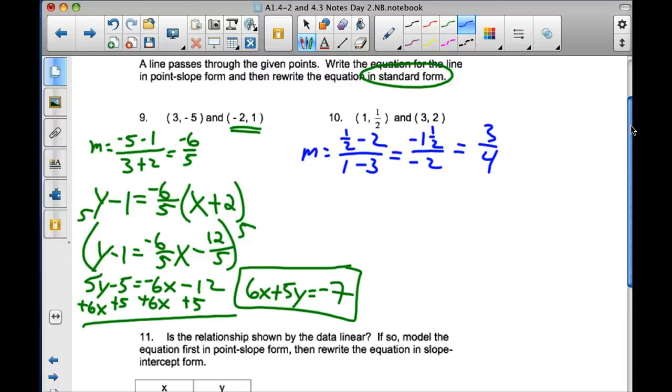One problem. Which point would you use? I'd use the second one. You could use the first one. I'm going to use the second. You should get the same answer both times. y minus 2 equals 3/4 times the quantity of x minus 3.